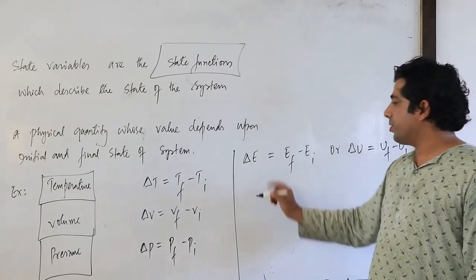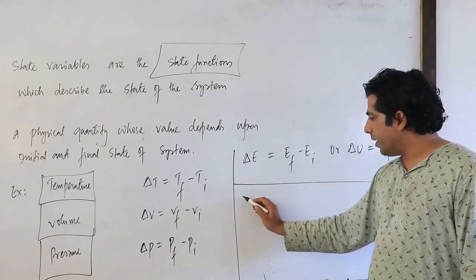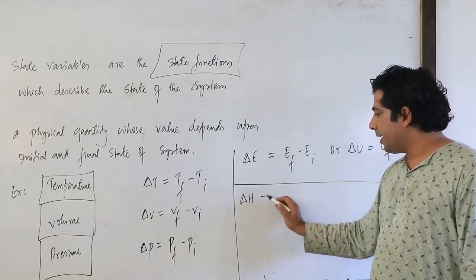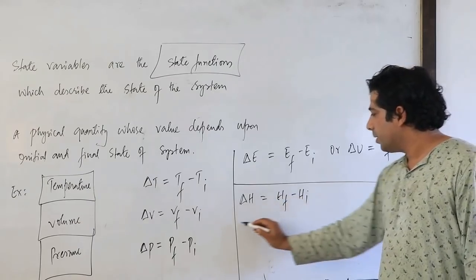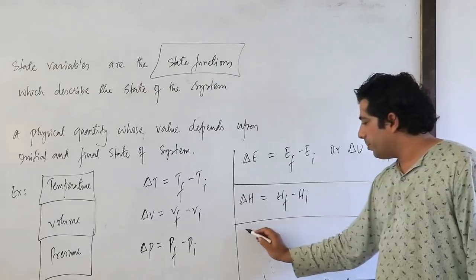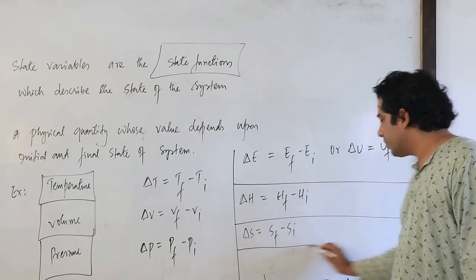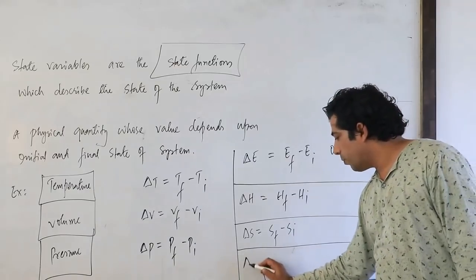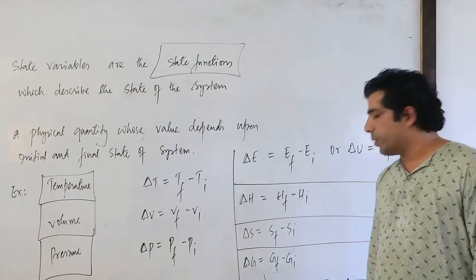So the change in internal energy is also a state function. Or we can say change in enthalpy. Enthalpy is also a state function, HF minus HI. Then we go for entropy, delta S, SF minus SI. Entropy is also a state function. Let's go for Gibbs free energy, GF minus GI. That is also a state function.